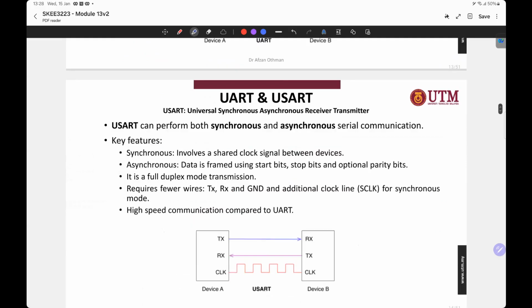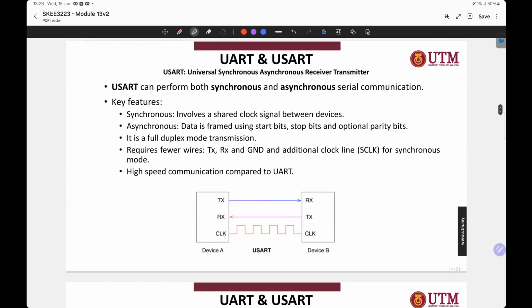Meanwhile, USART stands for universal synchronous asynchronous receiver and transmitter. So the USART can perform both synchronous and asynchronous serial communication, because it has both synchronous and asynchronous modes at the same time.